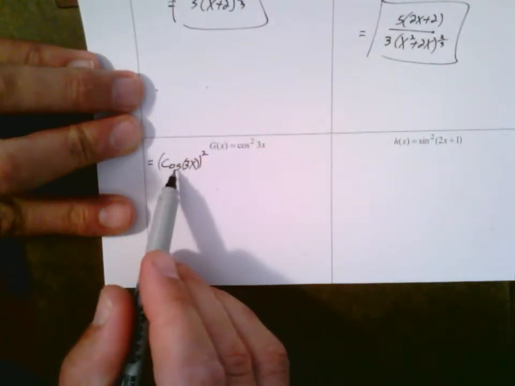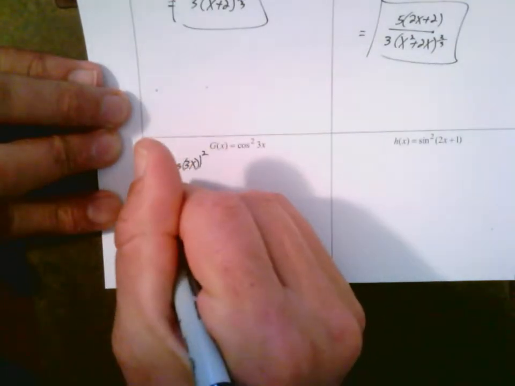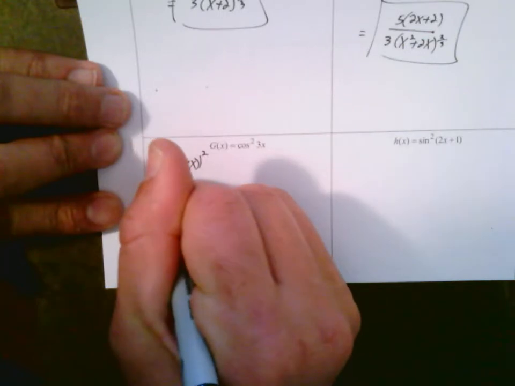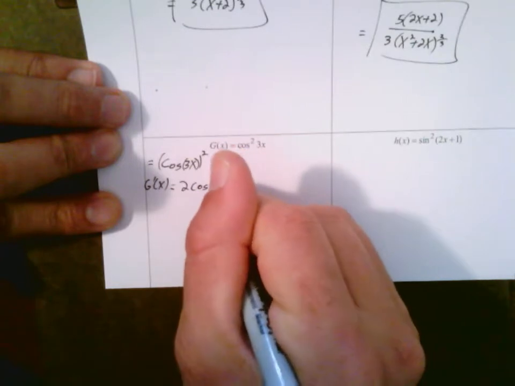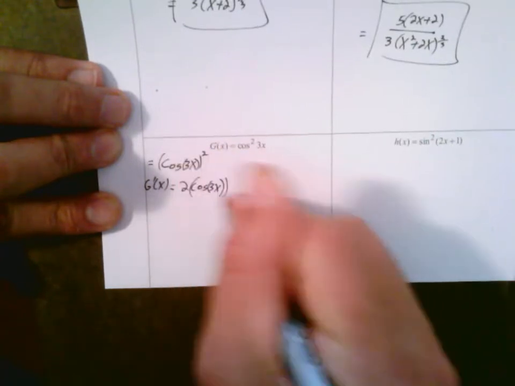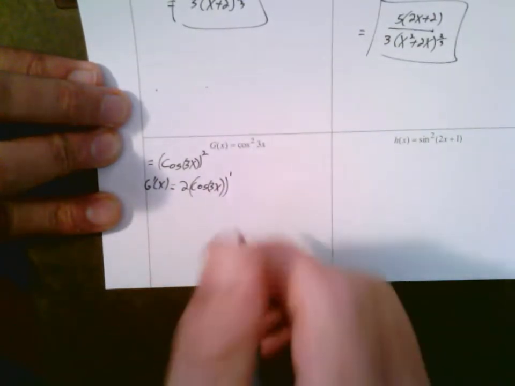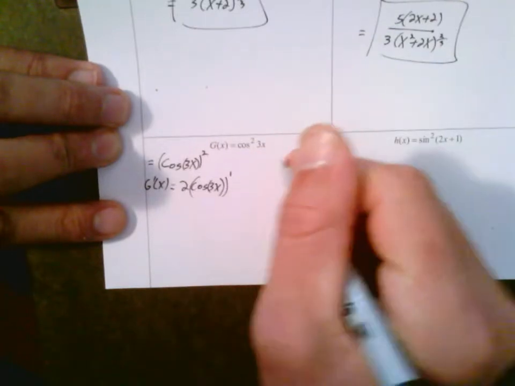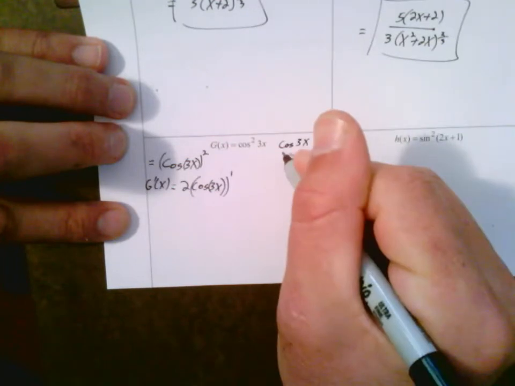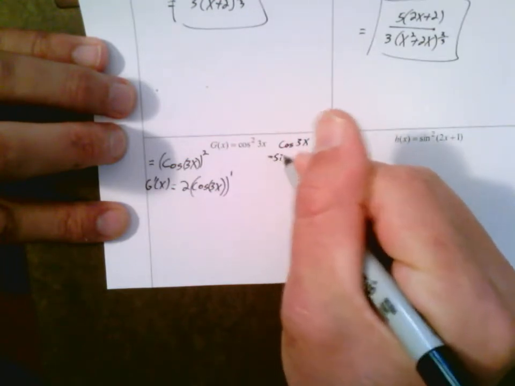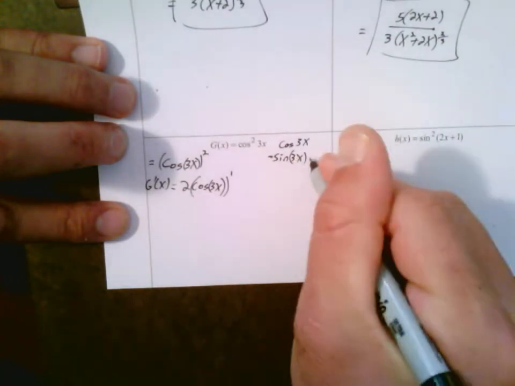What's inside cosine? What's inside of that, 3x? So start with the easiest part. Bring your 2 down front and multiply it by what's inside. And then take it to the first power. Now, take your derivative of cosine 3x. The derivative of cosine 3x would be minus sine 3x, and then you also have this inside piece, the derivative of 3x, which is also 3.